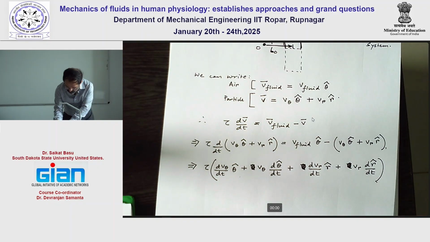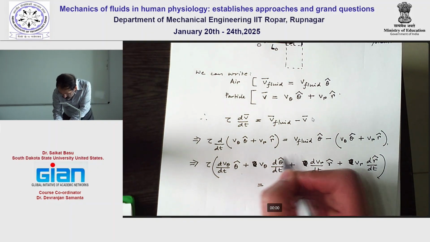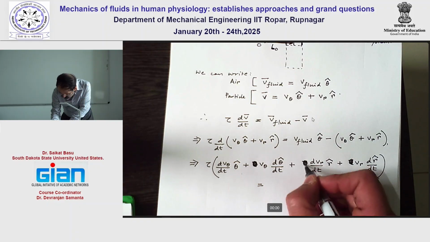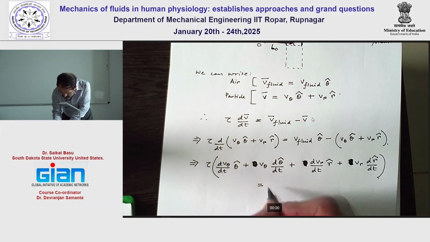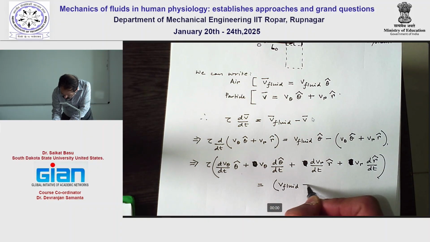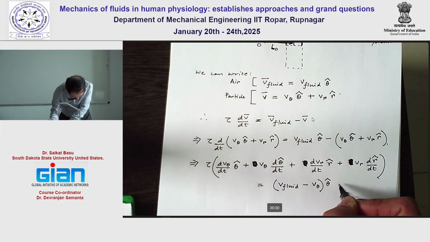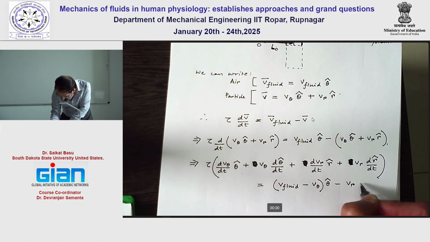Okay, so now on the right hand side, if I club the theta and the r terms together, so v fluid minus v theta minus vr r.